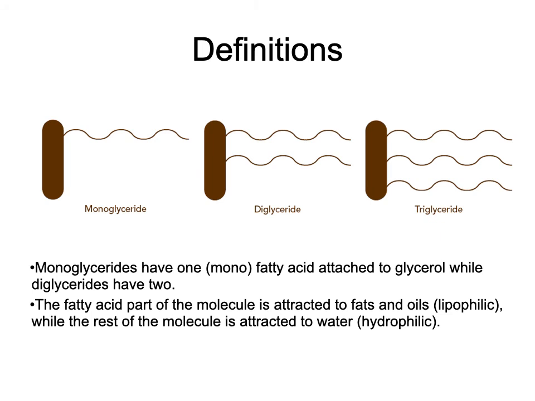A fatty acid generally is part of the molecule that's attracted to fats and oils, while the rest of the molecule is attracted to water. So one is lipophilic, the other is hydrophilic. And what that just generally means is that one component will attract itself to water, one will attract itself to oil.